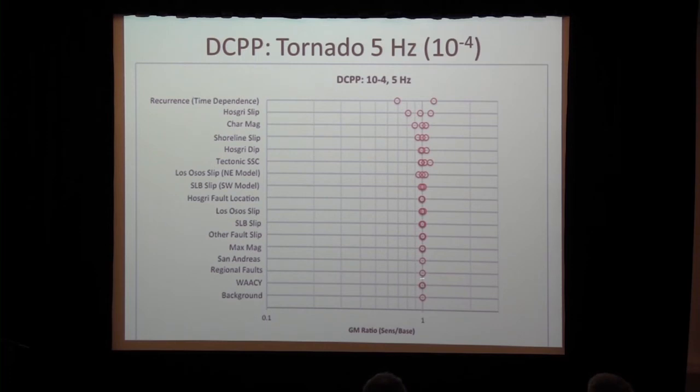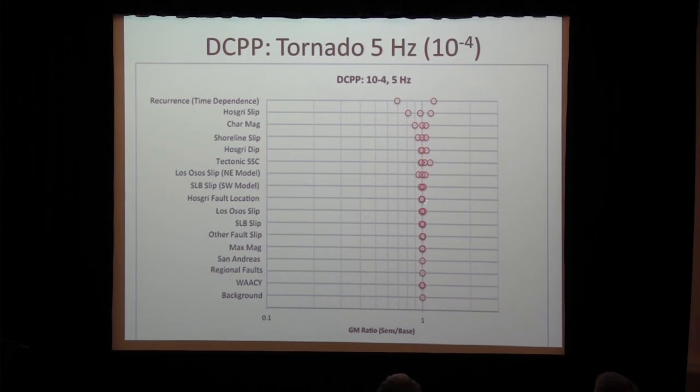Again, if you add the 151 regional faults, you get a factor of 1. If you add the San Andreas for 5 hertz at 10 to the minus 4, you get a factor of 1. Maximum magnitude, there's really no change. The other fault slip rates, no change. San Luis Bay slip rate, Los Osos slip rate. You can see there's a little bit of a distribution here, but again, you're pretty closely tied to a factor of 1 in ground motion ratio values.